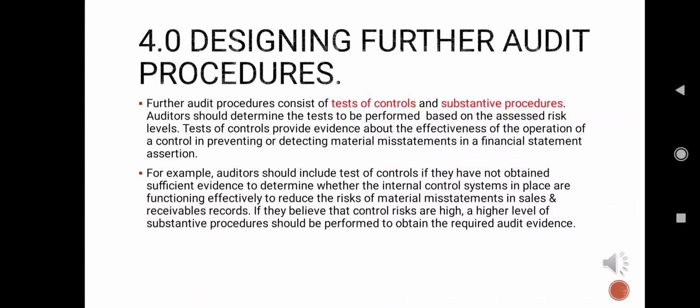For example, the auditor should include tests of control if they have not obtained sufficient evidence to determine whether the internal control system in place is functioning effectively to reduce the risk of material misstatement in sales and receivable records. If they believe that control risks are high, a higher level of substantive procedure should be performed to obtain the required audit evidence.